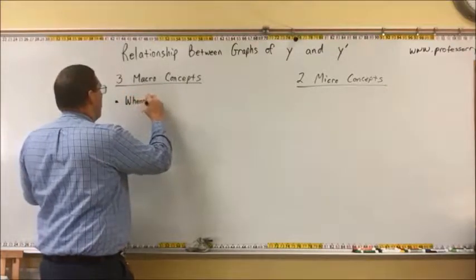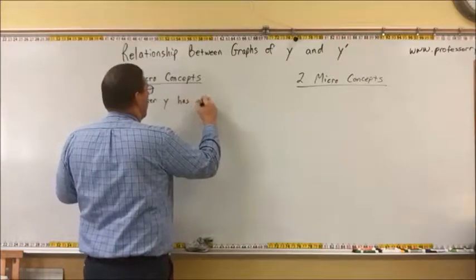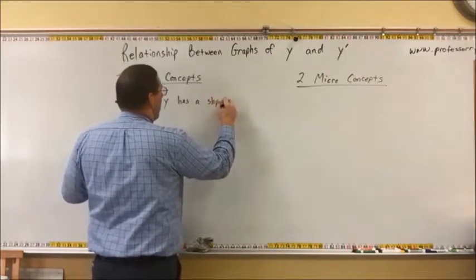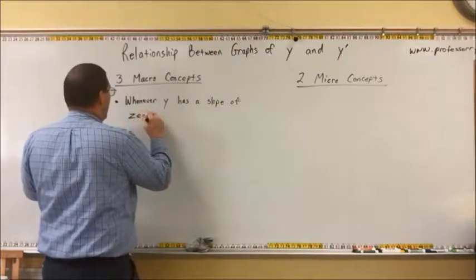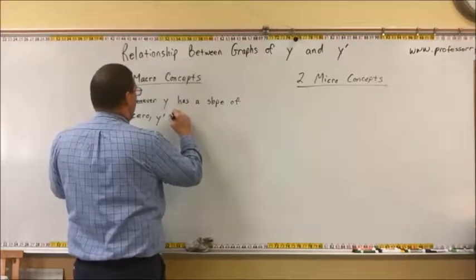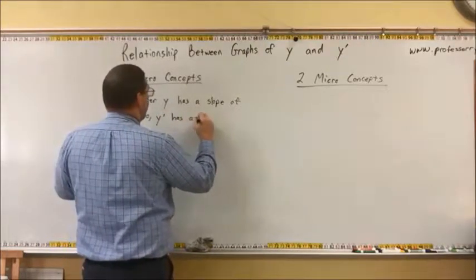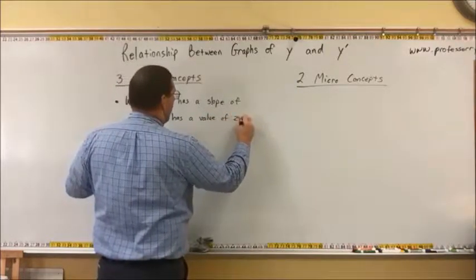whenever y has a slope of 0, y prime has a value of 0.